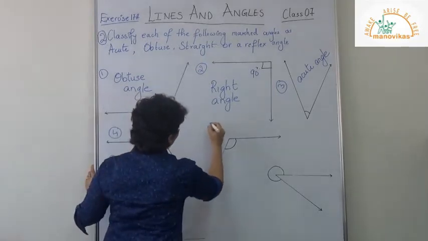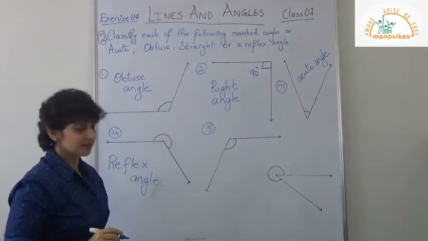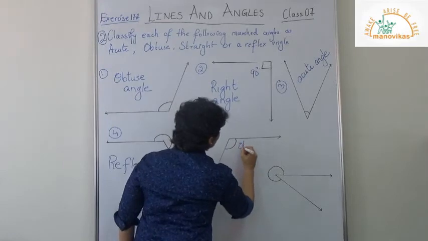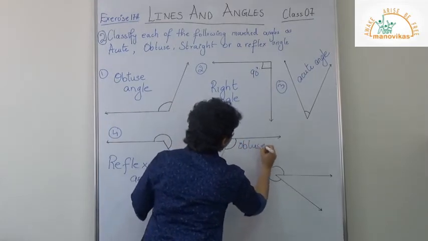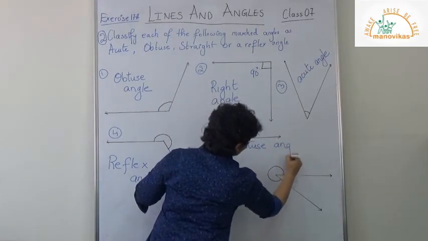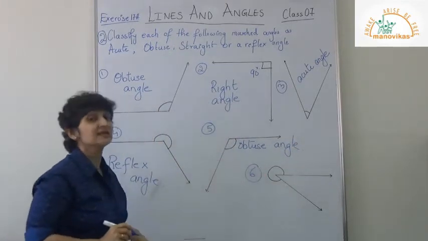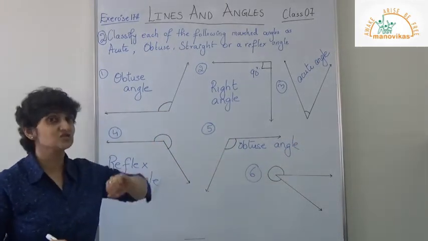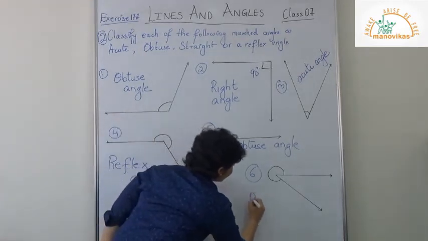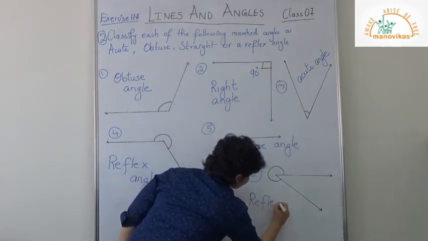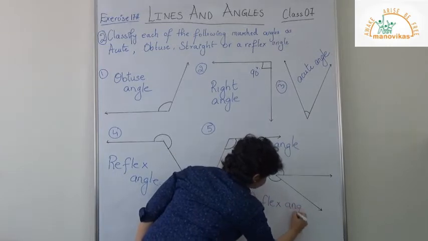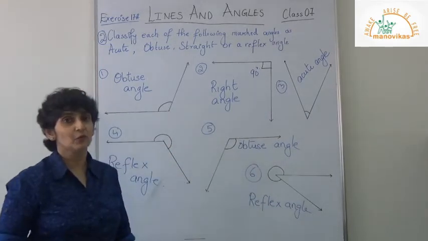The fifth one is again right. It is an obtuse angle. And the last one, I'm sure by now you know what it is. It is outside. So it is a reflex angle. Clear? Have you understood?